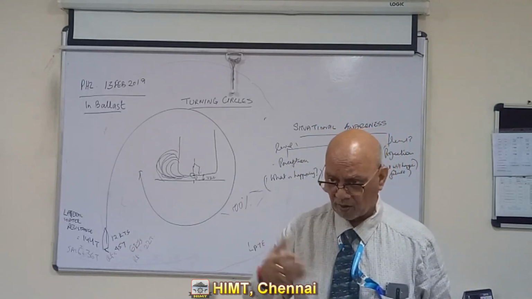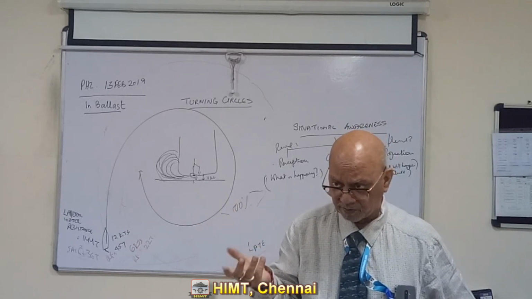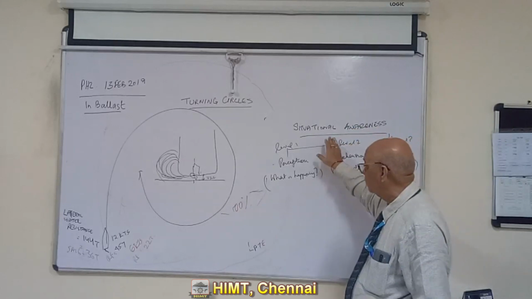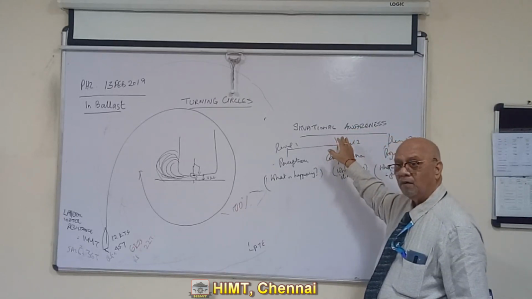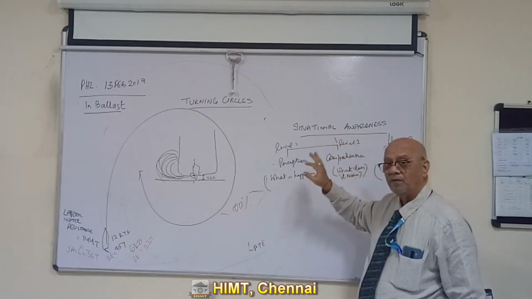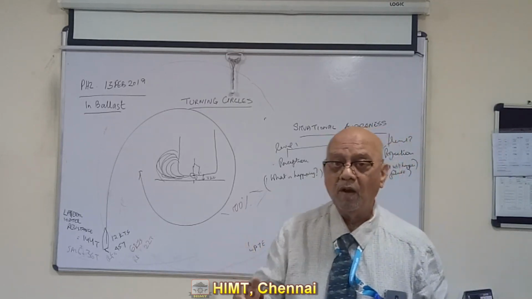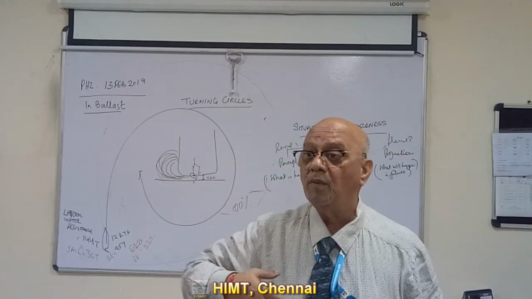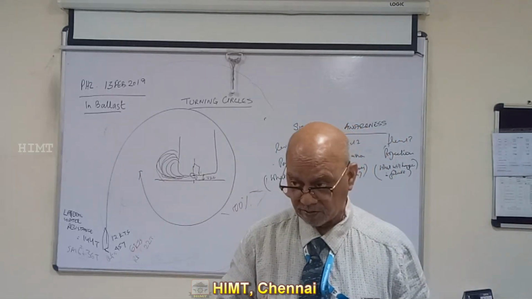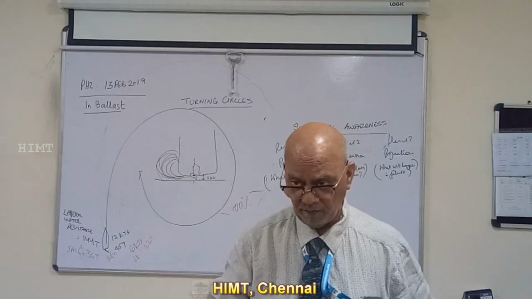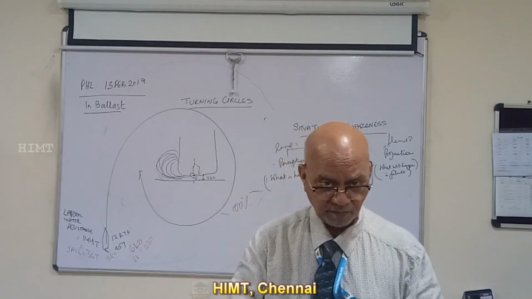But I can't expect that to happen in a VLCC or ULCC. So these are the things which you need to keep in mind while on the bridge. What is happening? Where are you? How is the ship going to behave? How early do you need to take action? Your projection will depend upon your maneuvering characteristics.